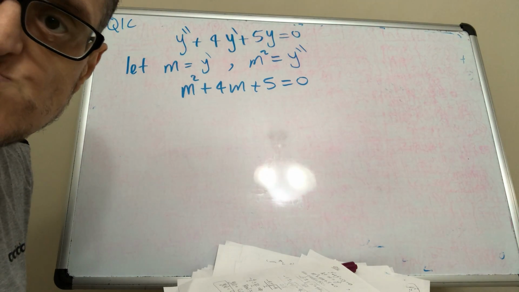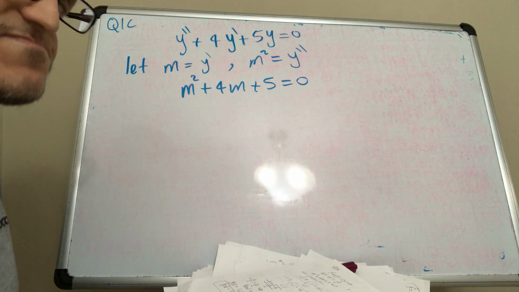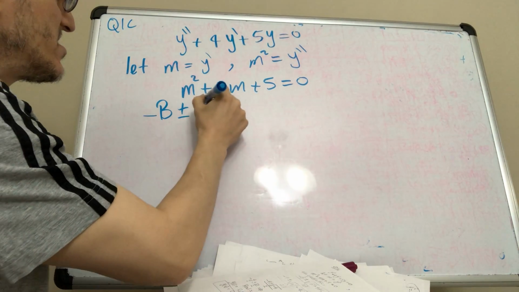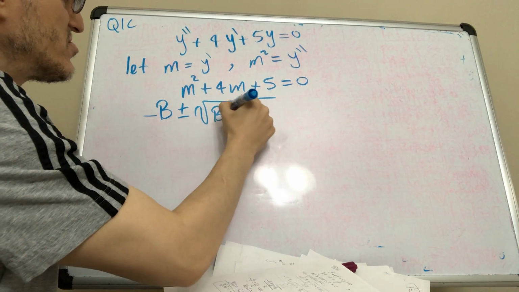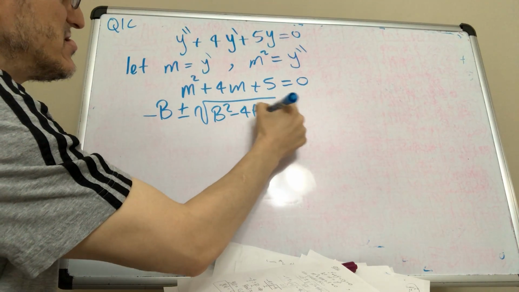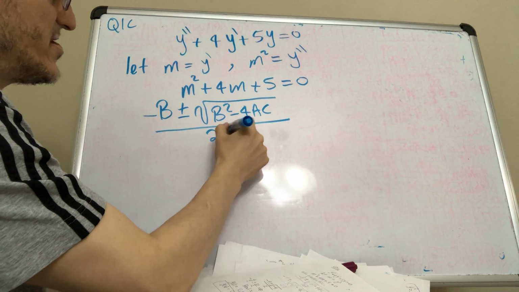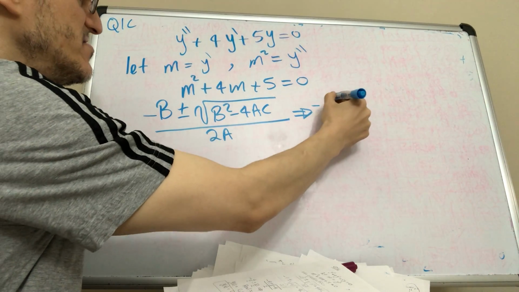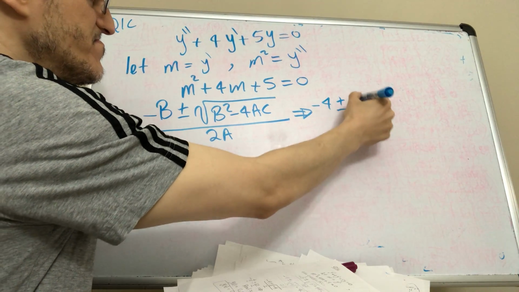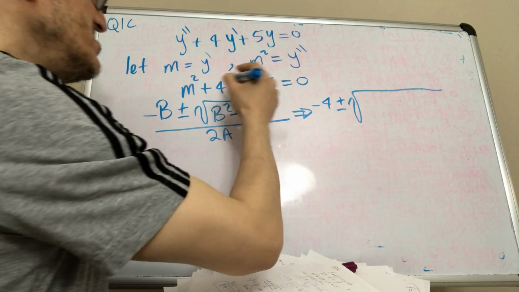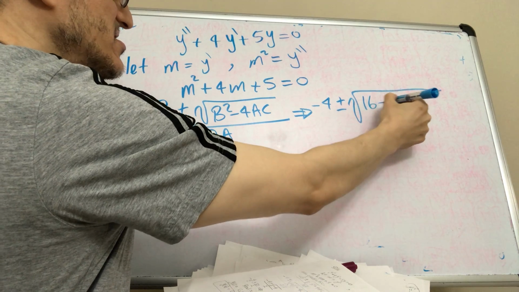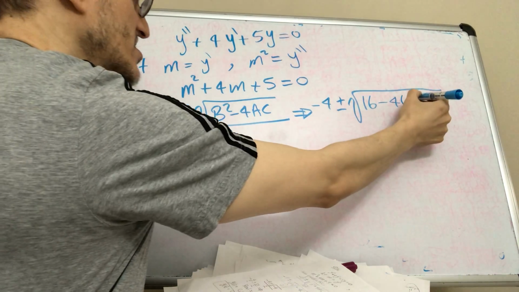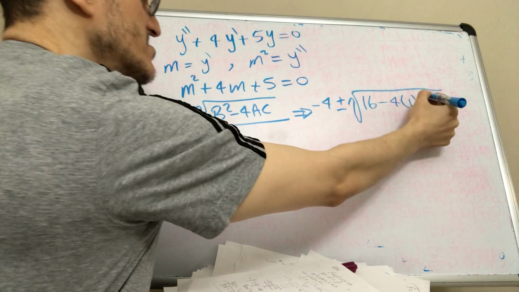So here we could use, of course, the quadratic: negative b plus or minus square root of b squared minus 4ac, over 2a. Negative b would be negative 4. b squared would be 16. 4 times a, 1, and c, 5.